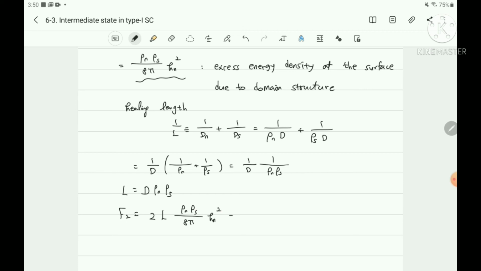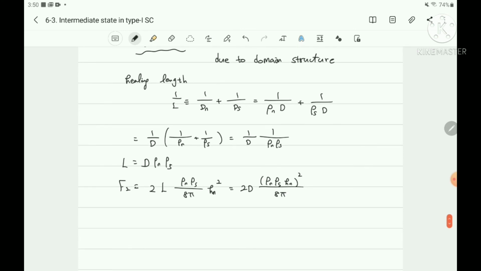In other words, with L equal to d rho n rho s, it is 2d rho n rho s Hn square over 8 pi.